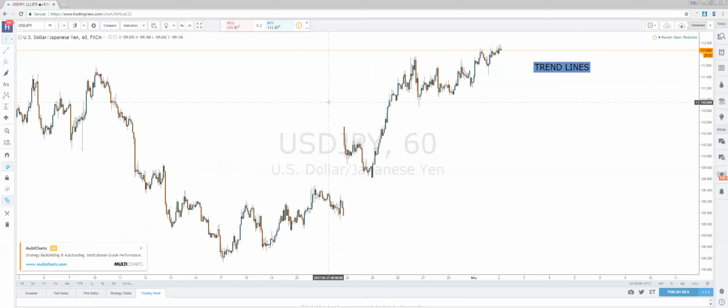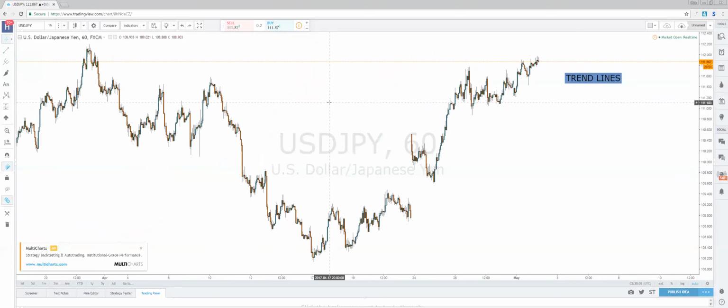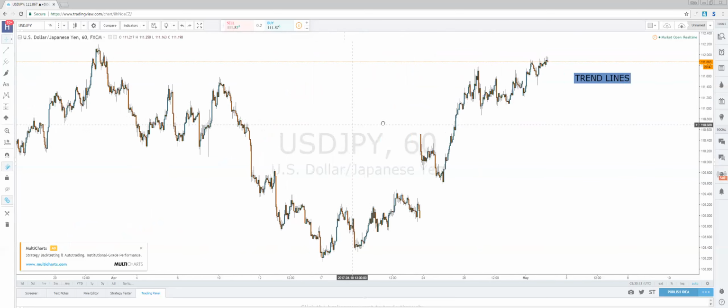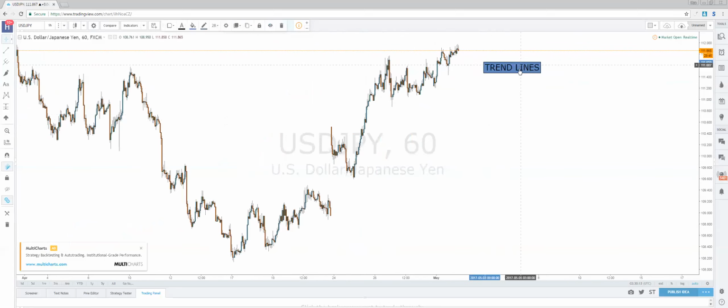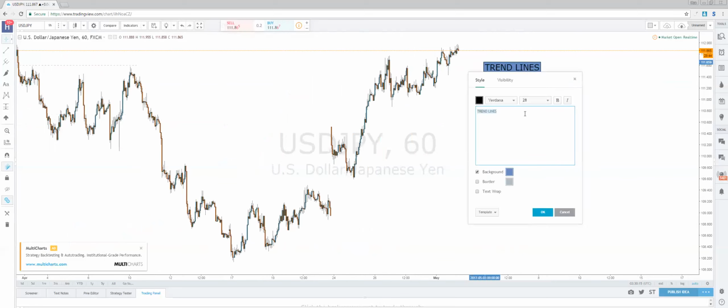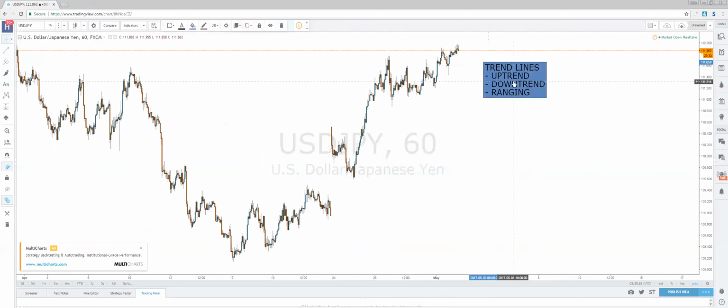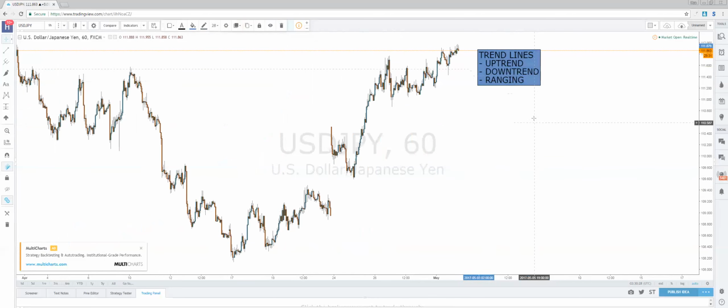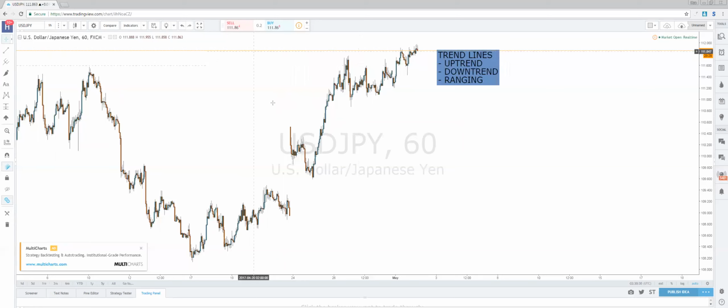So today I'm showing you how to draw a trend line. First of all, what is a trend? In forex, there are two trends. There's an uptrend and there's a downtrend, and then you have what's called ranging. We only trade when there's a trend, when there's a change in the trend.